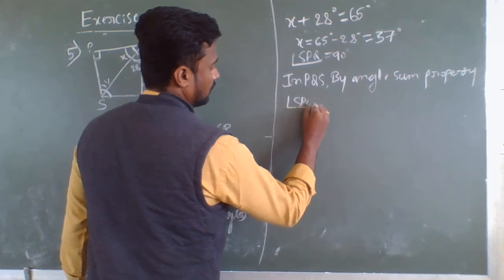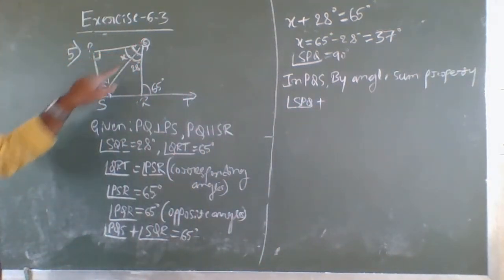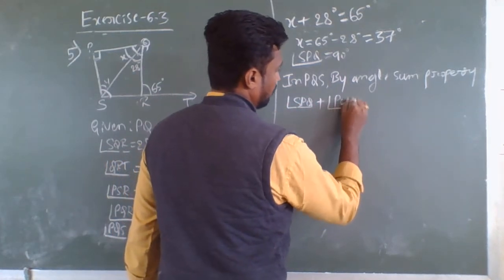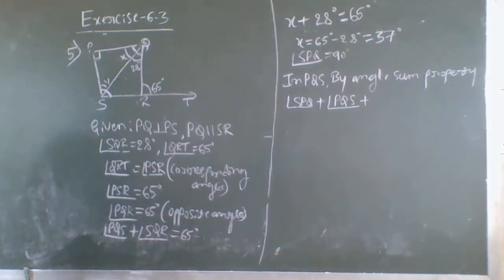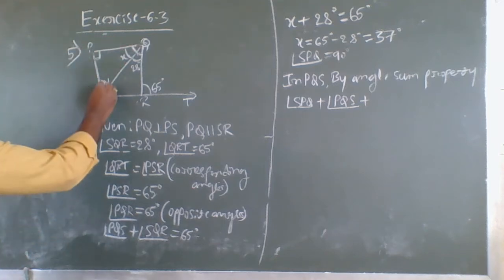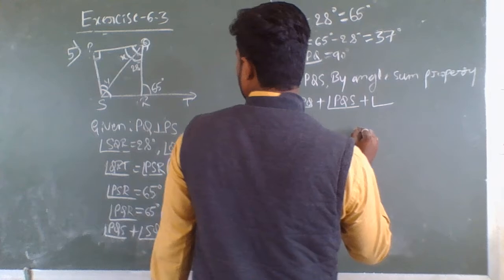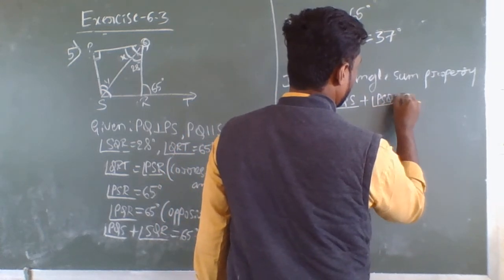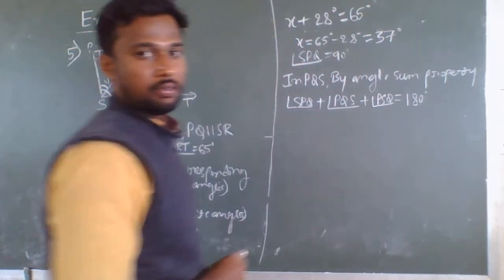Angle SPQ plus angle PQS plus angle PSQ, this angle y. Angle PSQ is equal to how much? 180 degrees, by the angle sum property of triangles.